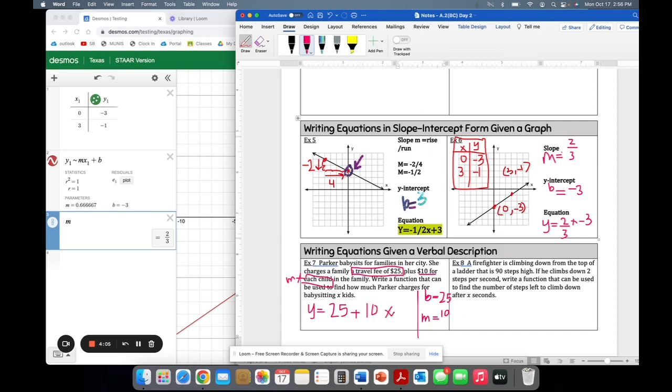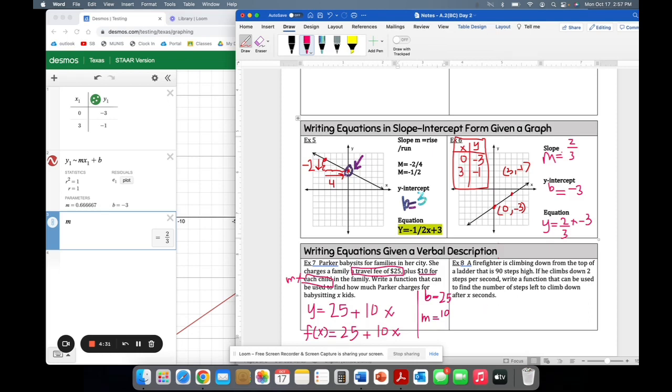There you go. That's my equation. Now they want you to write a function. So you might actually notice this equation written as f of x, because f of x is a fancy way of writing y. So this equation could totally be written as f of x equals 25 plus 10x. And that's my equation.